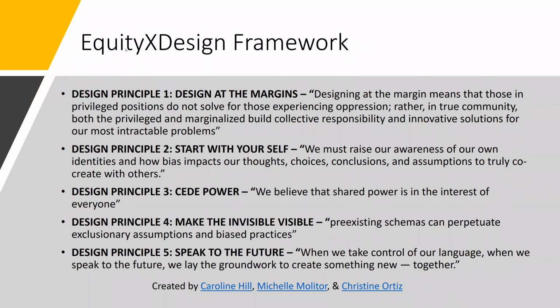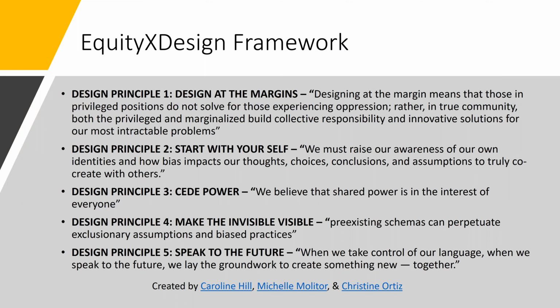That is something that the people who have created the Equity by Design framework have tried to address. And I think their design principles are really compelling. And so I've shared them all here because I think there's something for us to think about and maybe think through as we are trying to think about how we might use the design thinking process in our academic libraries.